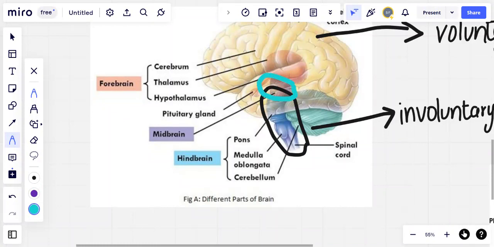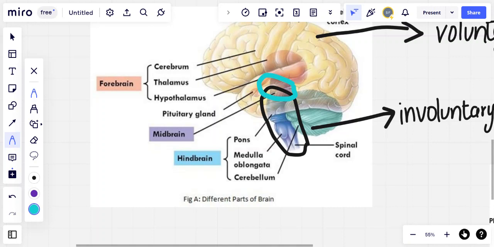So it acts as a relay station for tracts passing between spinal cord and cerebellum. Coordination and relay of visual and auditory information, filters sensory information, and it sends outputs to higher brain centers. So it's going to screen and remove unwanted information. So it acts like a filter, you can say.